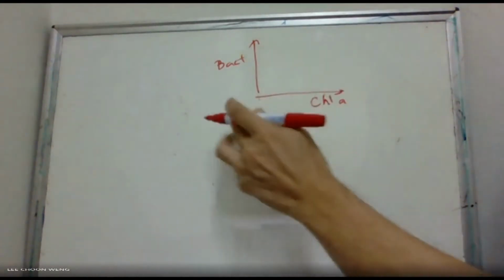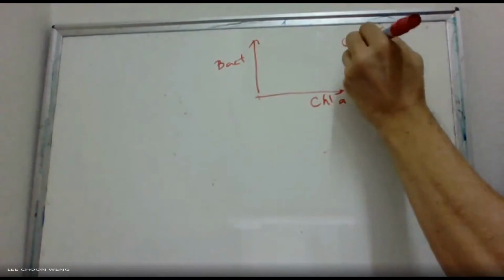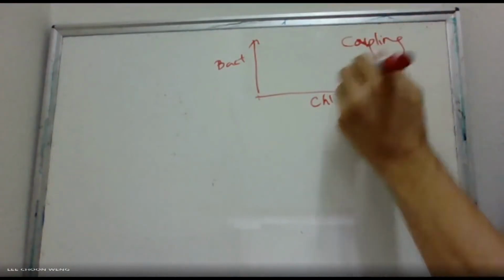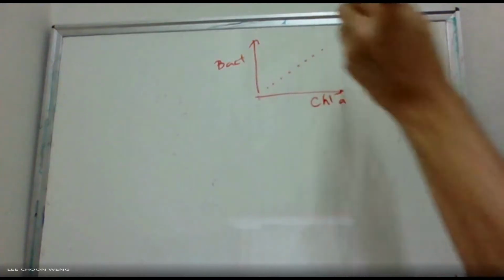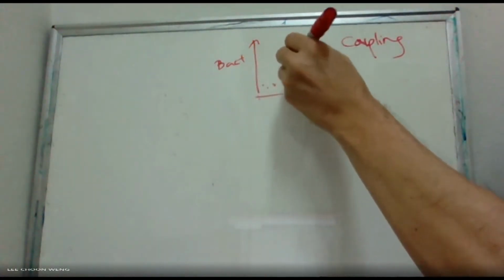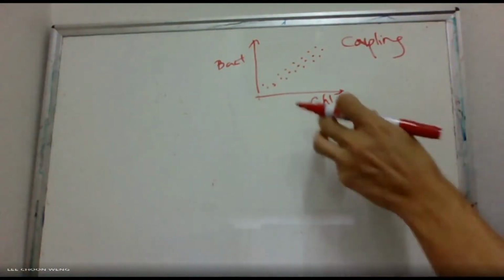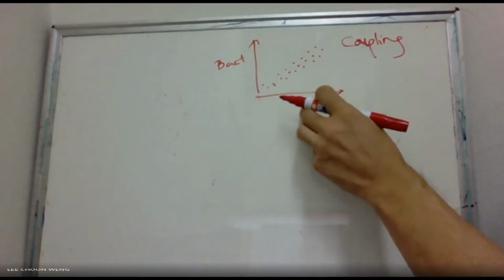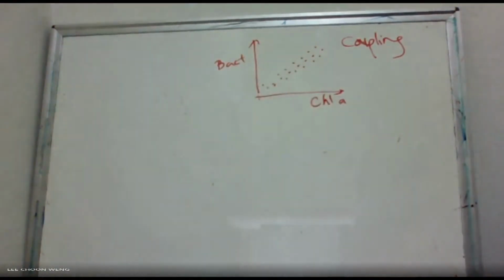So if the coupling holds true, then the relationship should be somewhat linear. Okay, at least a positive relationship, where when chlorophyll A concentration increases, bacteria abundance also increases.